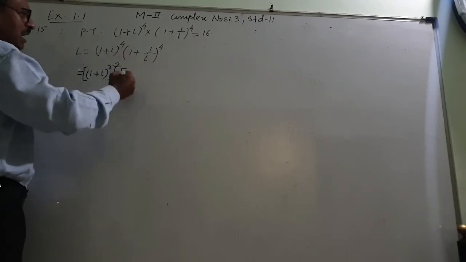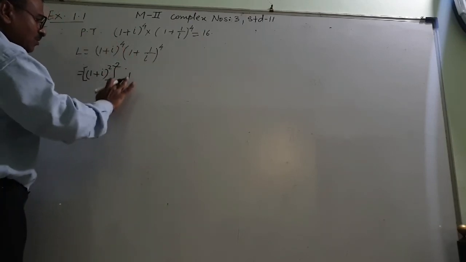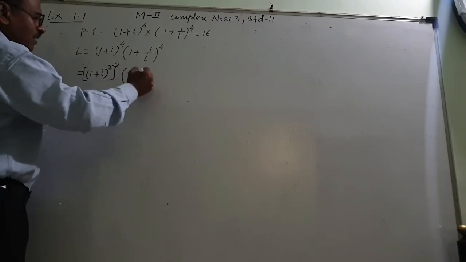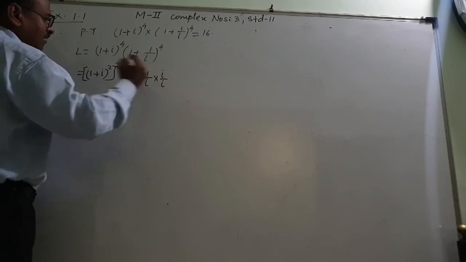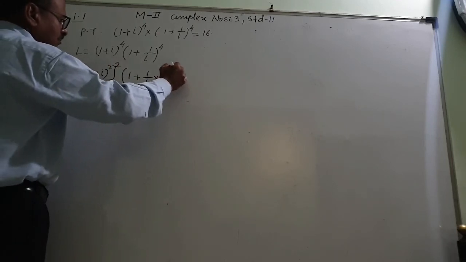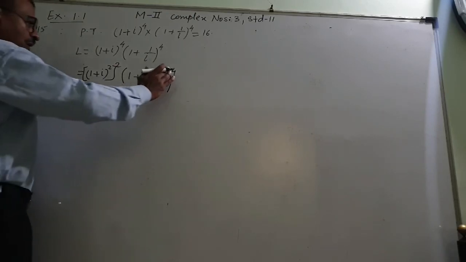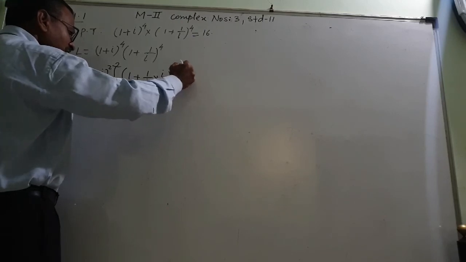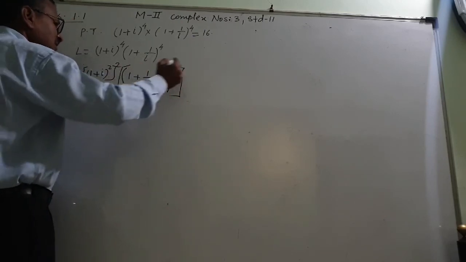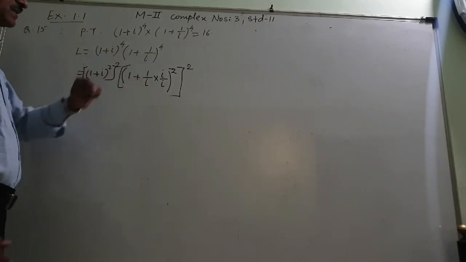Now this I will first of all simplify. 1 plus 1 upon i into i upon i, and it's raised to 4 this way. Or this initially I will write as the square and the square of this in a single step I will do too. What I have done, just rationalize.